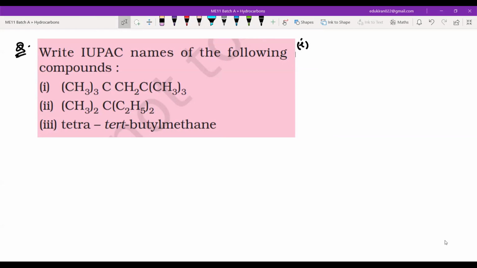Sir, do we have to write the names in the chat box? No need of that. Okay.